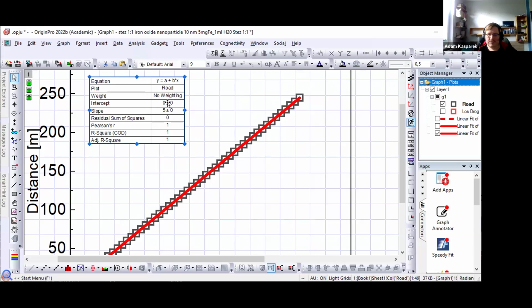The first one of these is R square. R square is the parameter of fitting which shows us how good the fit was.